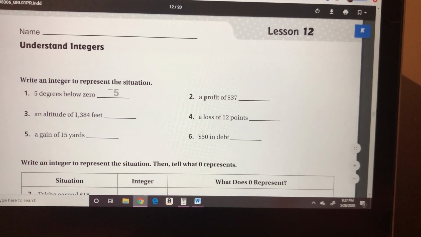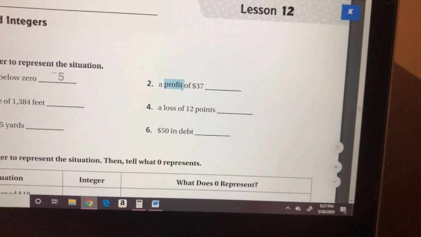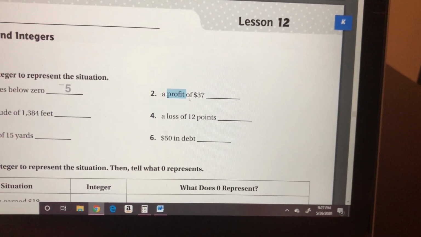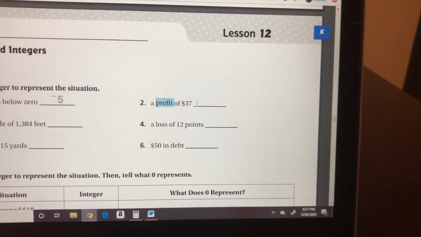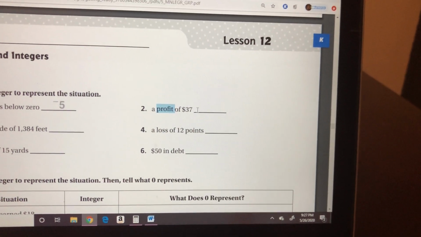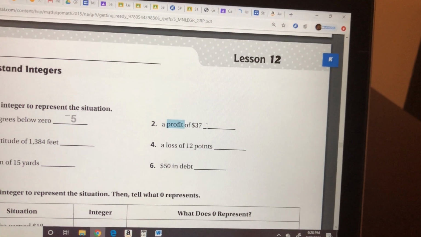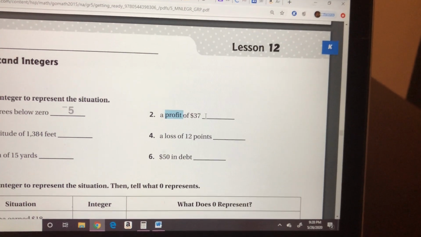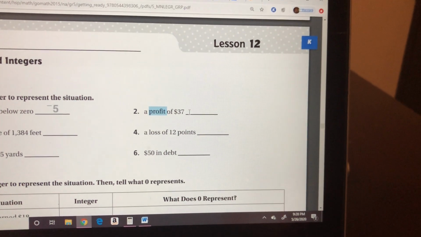So for number 2, a profit. The word profit is the key word in this scenario. If you have a profit of $37, you obviously gained it, okay? So let's say that I sold something for $50 and I bought it for, I don't know, $20, okay? Well, in this case, I made a profit of $30 in the scenario that I just gave you.